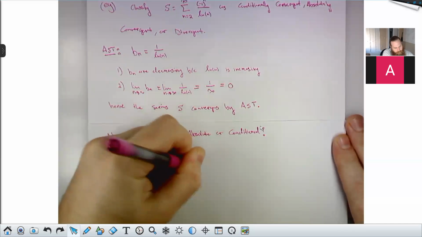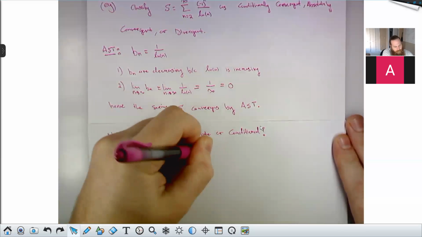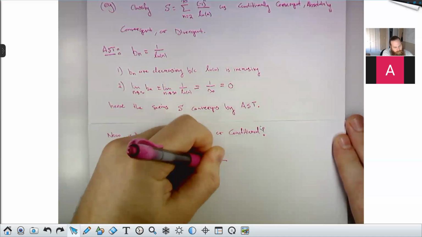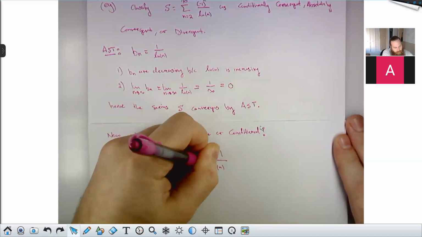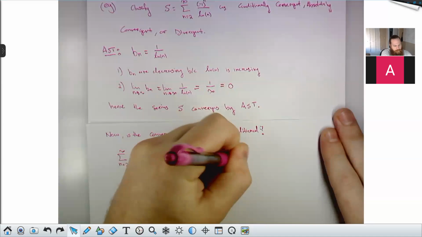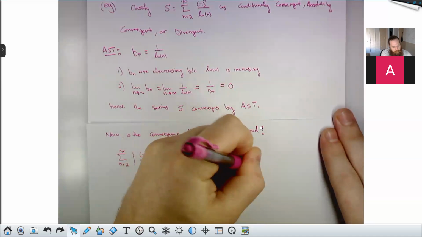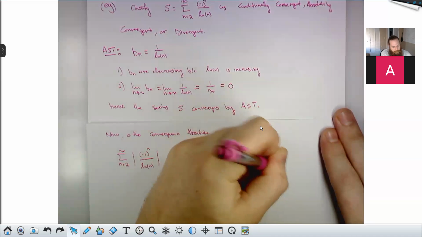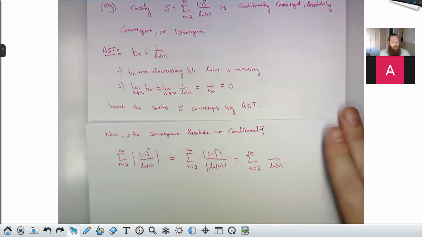This is the same as the sum from 2 to infinity, the absolute value of -1 to the n over the natural log of n in absolute values. And since n is starting at 2, the natural log is positive. Right? The natural log goes from negative to positive at 1. So the absolute value of the bottom is just the bottom. What about the top?